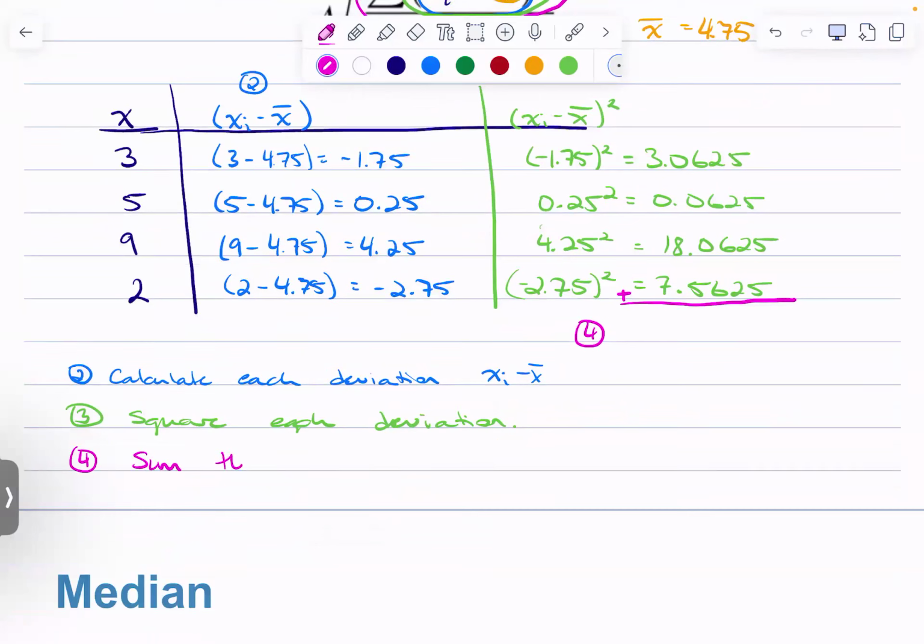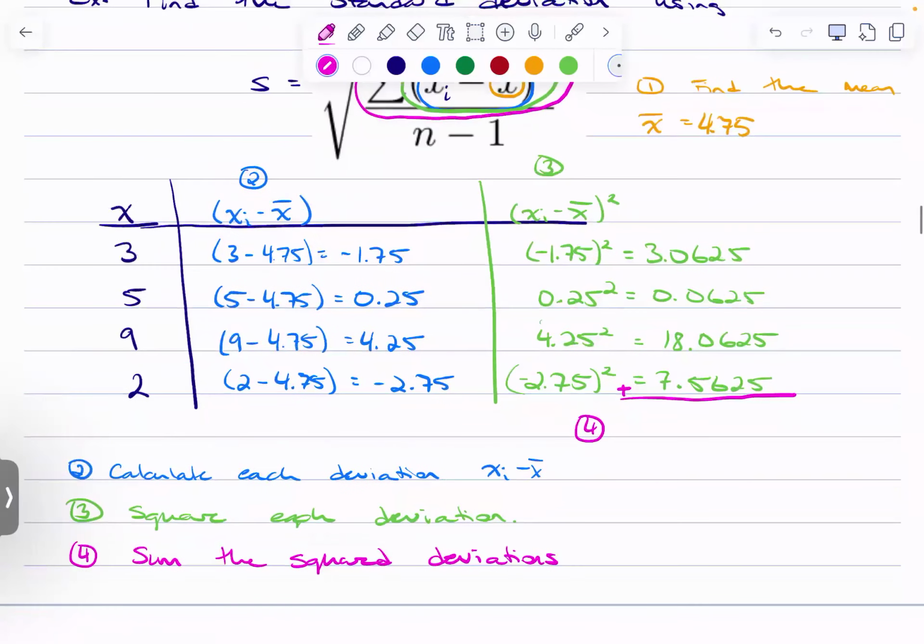Sum the squared deviations. Let's start here. 3.0625 plus 0.0625 plus 18.0625 plus 7.5625.